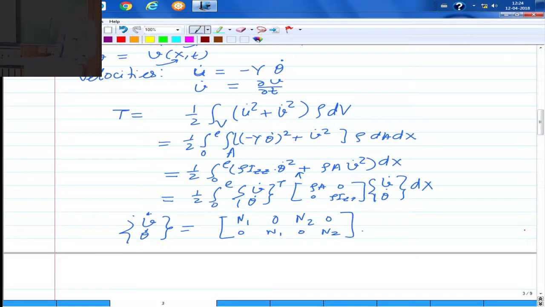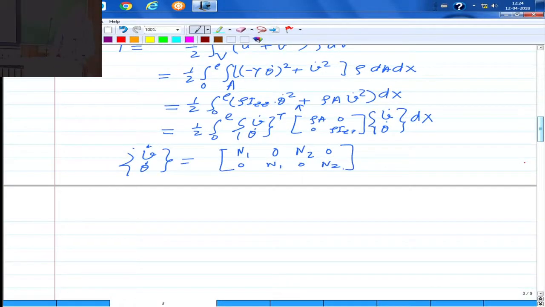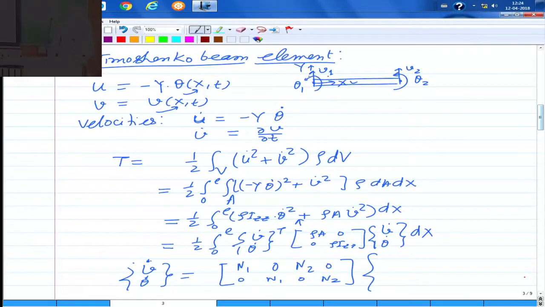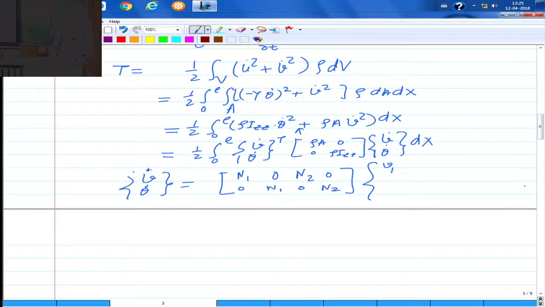Both are interpolated in a similar manner, although if it is used for thin problems, it will lead to locking. Now the time derivatives go through the degrees of freedom. Here v1, theta 1, v2, theta 2 are functions of time. So you will have v1 dot, theta 1 dot, v2 dot and theta 2 dot, the way we did earlier.